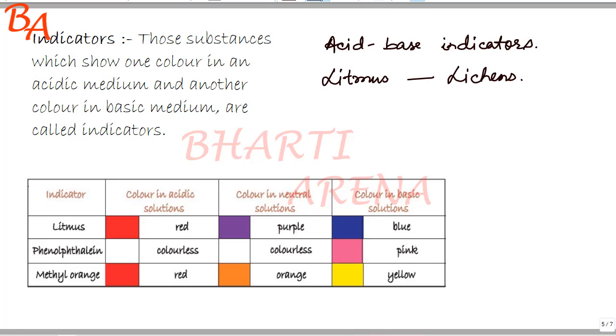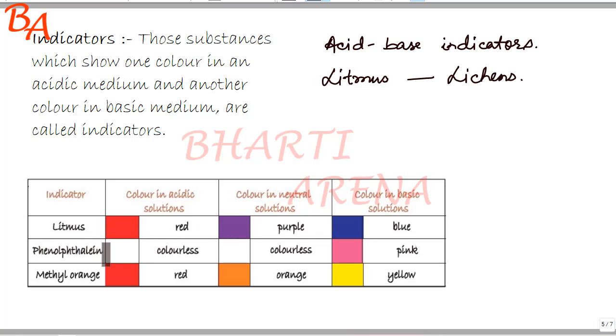We can see a chart here. This is known as color chart for indicators. So this litmus has a red color in acidic solution, while blue color in basic solution, and in neutral solution its color is purple, like this.